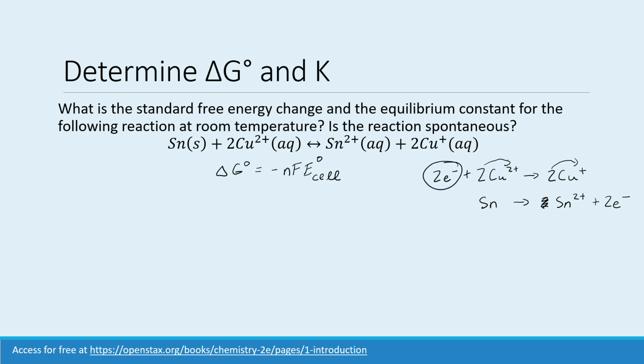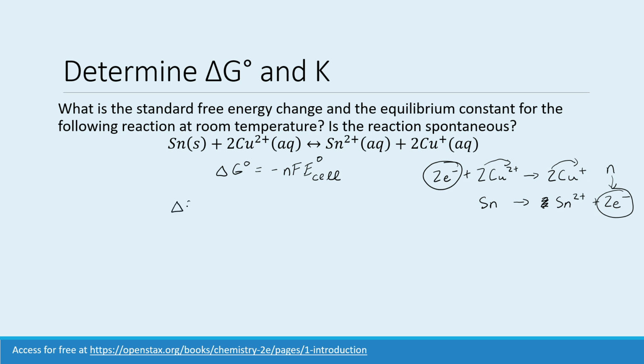And so the 2 electrons in the balancing of those two half reactions, that is your value for N. Okay, so that's how you determine N, is by having those two half reactions balanced with the same number of electrons on opposite sides.